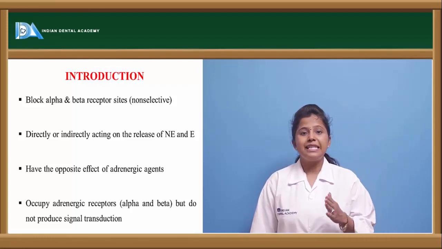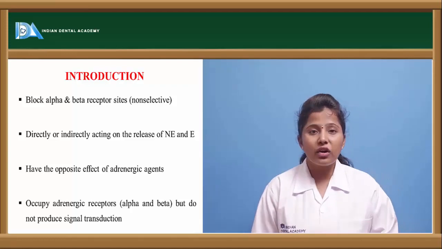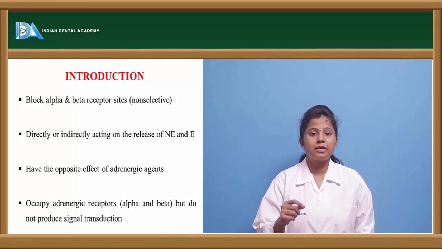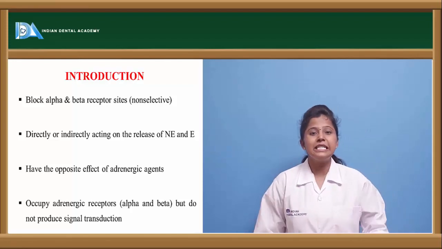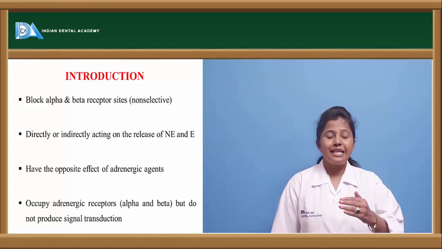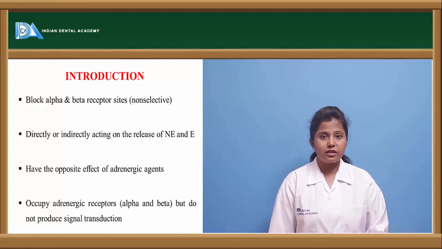Here we have the blockade of adrenergic receptors, with the antagonist taking the place of noradrenaline and adrenaline. Noradrenaline and adrenaline are the neurotransmitters released in the adrenergic nervous system.